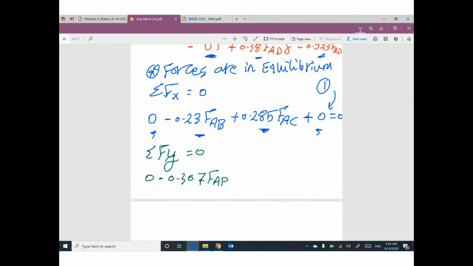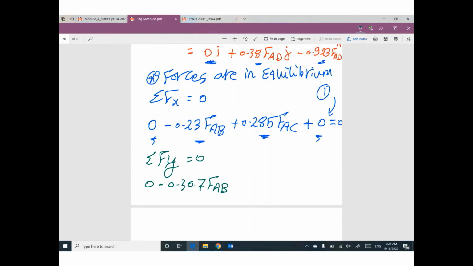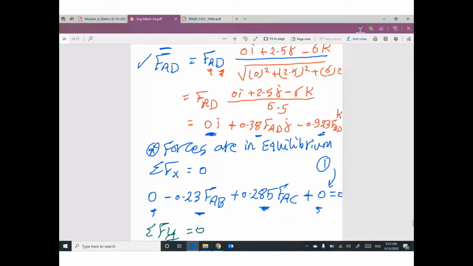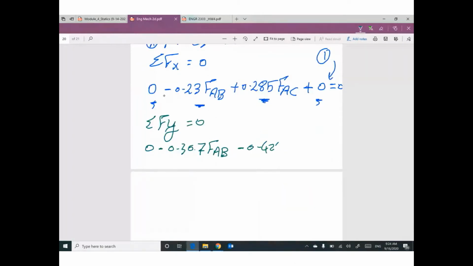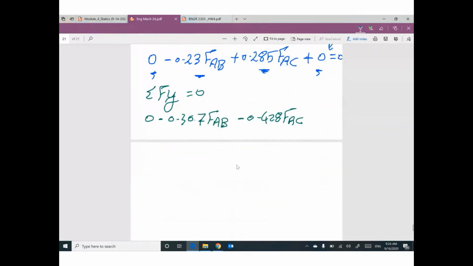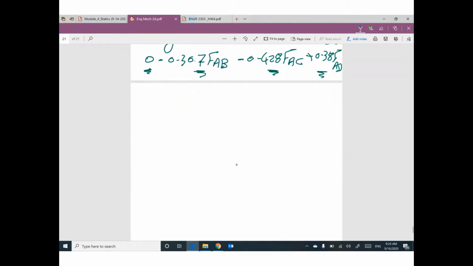We have in the third force negative 0.428 FAC. The last one we have positive 0.38 FAD. So Y component plus Y component plus Y component plus Y component, all of them equal 0. Equation number 2. Summation of all Z components equals 0.